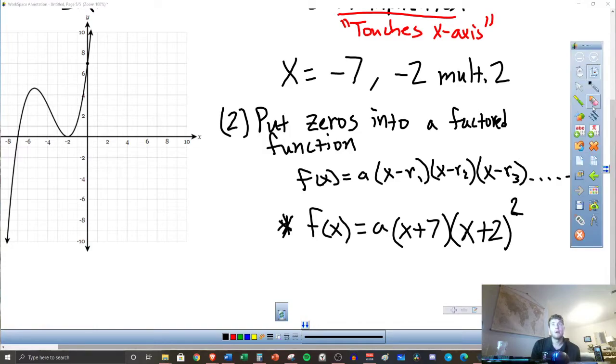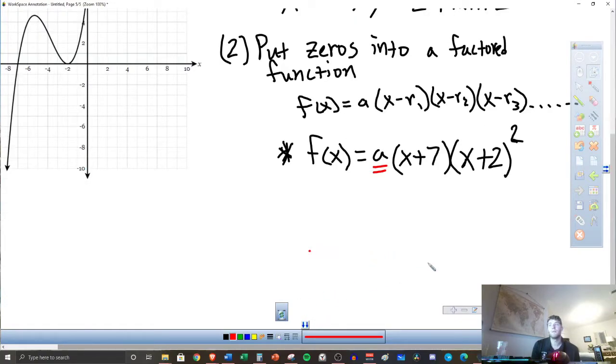However, we need to figure out how to find this value for us to actually be done. So that's the third and final step. There's not that many steps on this one. It's not as involved as the last video that I made, so this lesson should be quite a bit shorter, and then we'll do a couple examples. So for this value here, a, we need to solve for it.